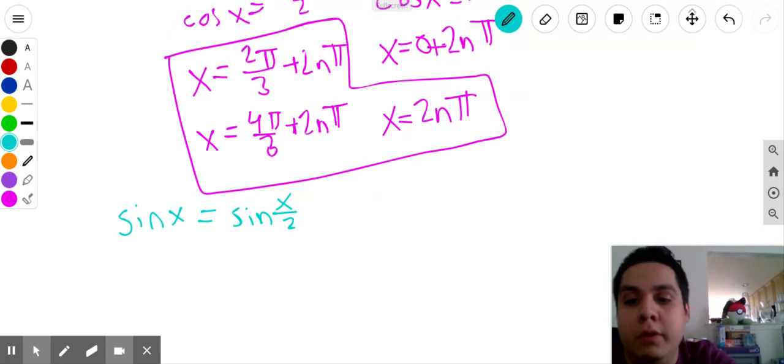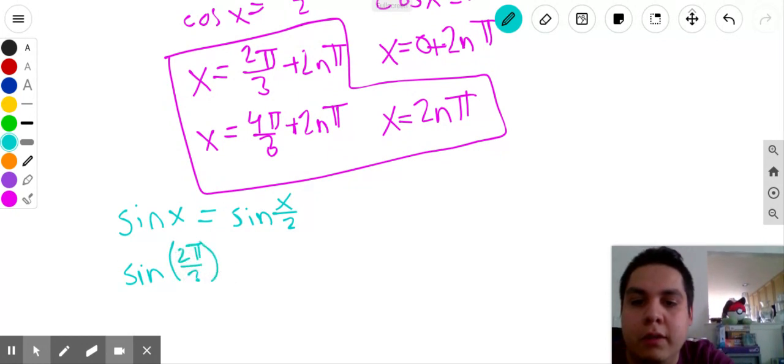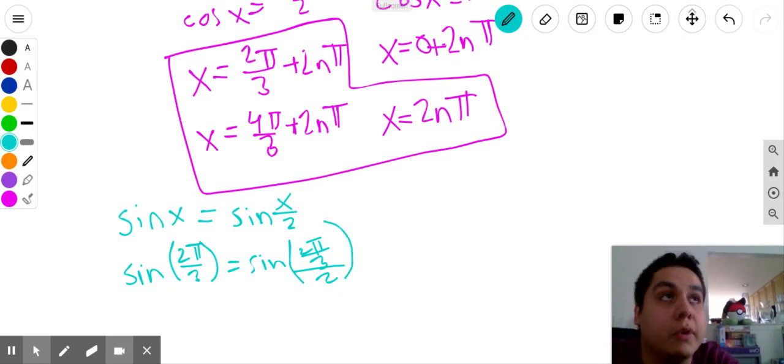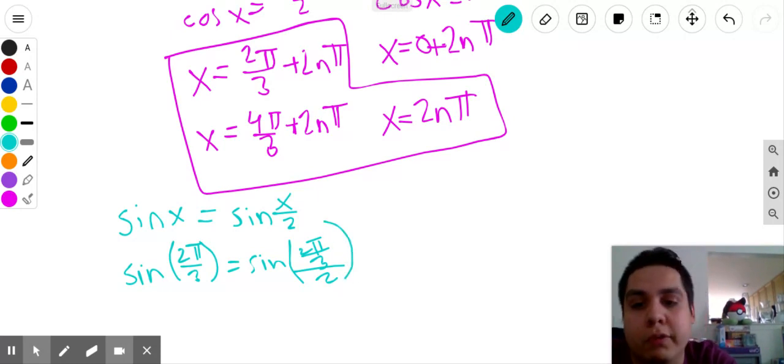So sine of 2 pi over 3 should be the same as sine of 2 pi over 3 divided by 2. Sine of 2 pi over 3 is a radical 3 over 2, positive radical 3 over 2.